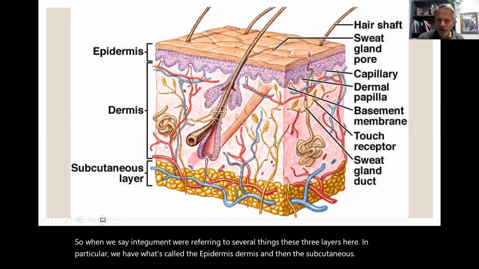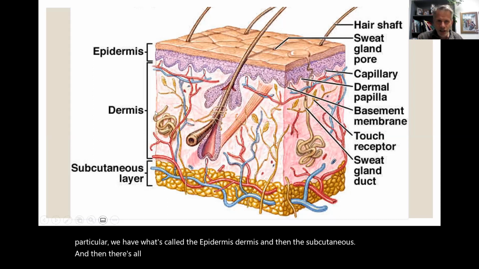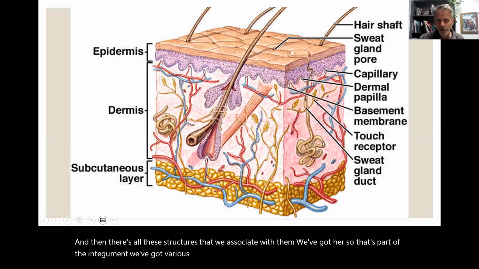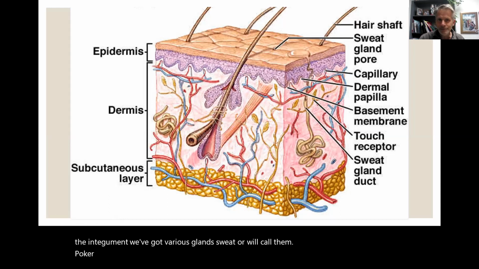And then there's all these structures that we associate with them. We've got hair, so that's part of the integument. We've got various glands, sweat, or we'll call them apocrine and sebaceous glands. You've got this thing called the subcutaneous layer. That's not part of the skin.